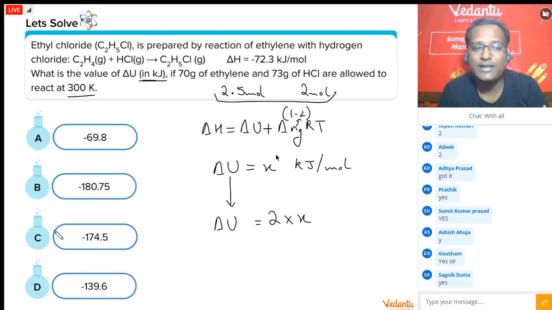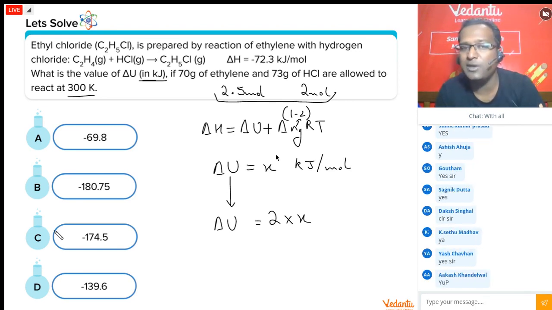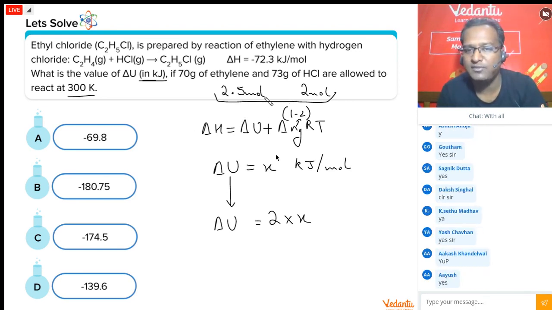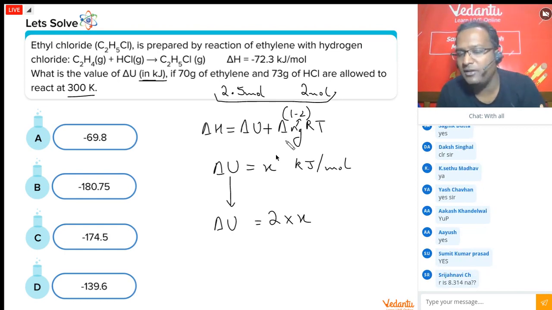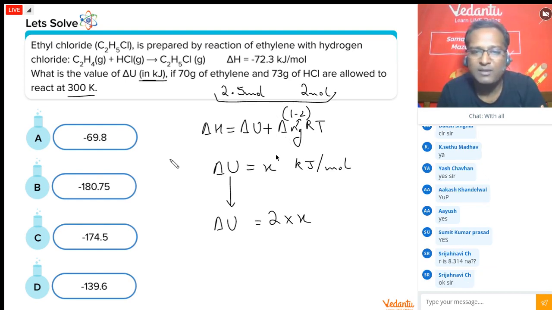Delta H equal to delta U plus delta Ng RT type questions can sometimes be very painful in life. Yes, R is 8.314 because delta H is given in joules. Now, there is one more catch in this question. Pay attention to each and every word that I'm saying.